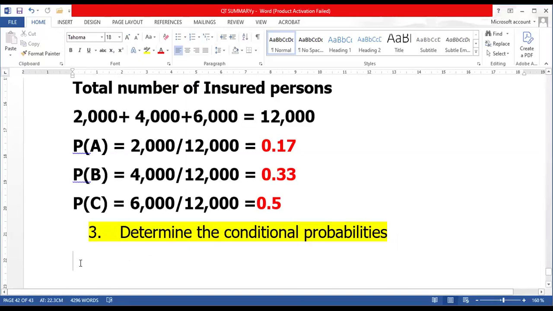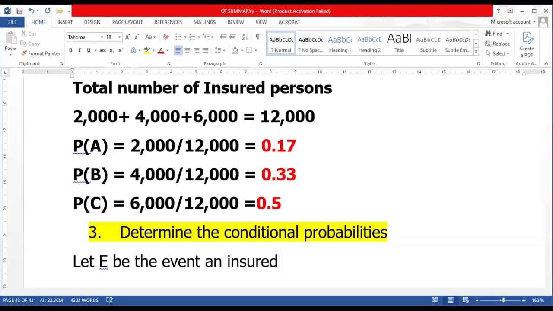So we are going to say let E be the event that an insured person gets an accident.